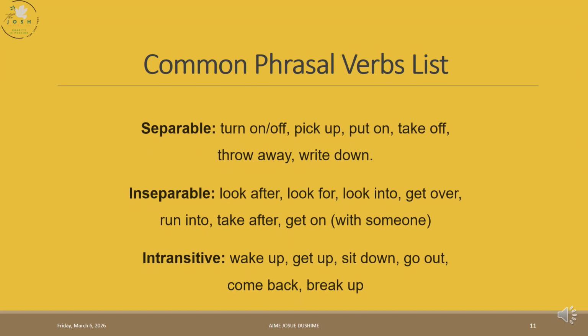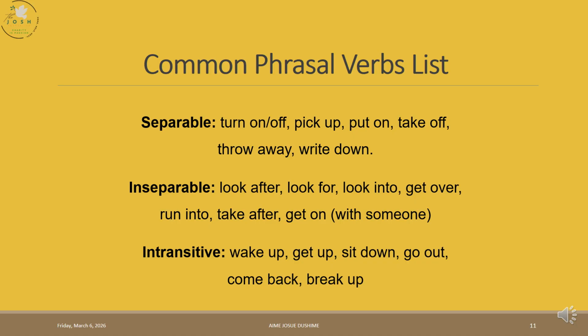See common phrasal verb list. Separable phrasal verbs. We have turn on, turn off, pick up, put on, take off, throw away, write down. And the inseparable transitive verbs, we have look after, look for, look into, get over, run into, take after, get on with someone.